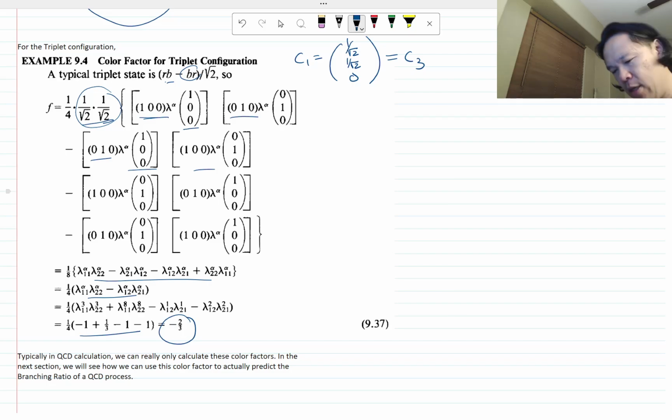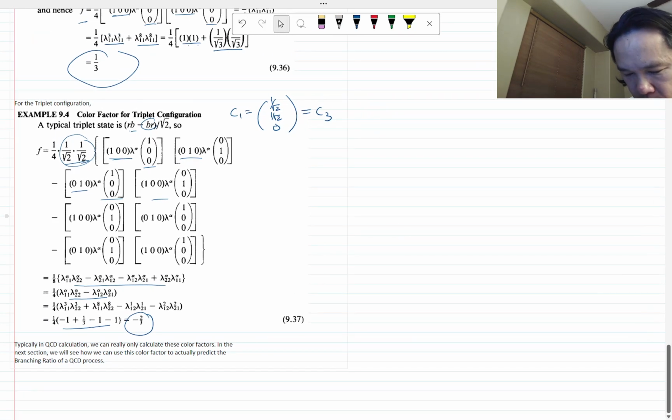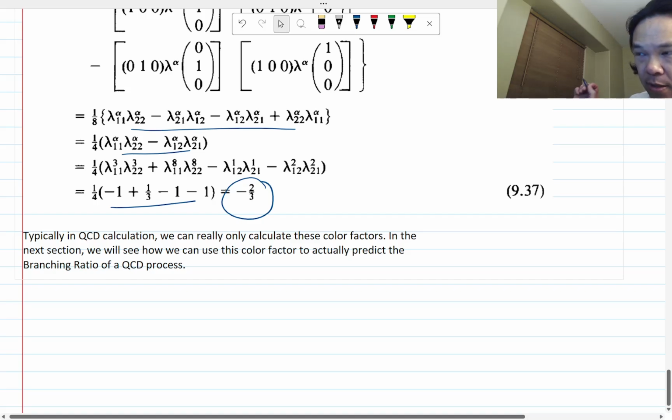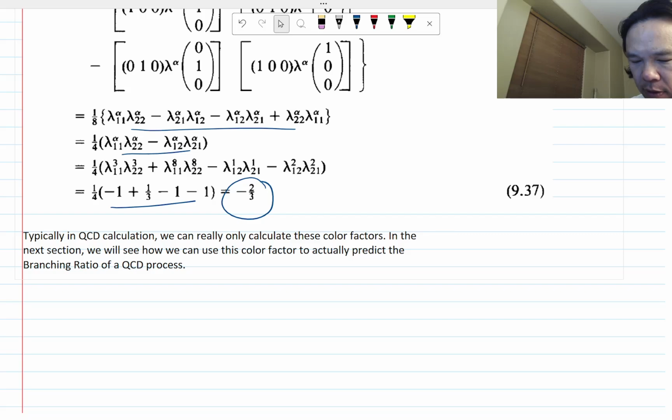These are really interesting matrix multiplications, but typically QCD calculations are non-perturbative, meaning that if you calculate only the first few Feynman diagrams, you still have infinitely many to go.